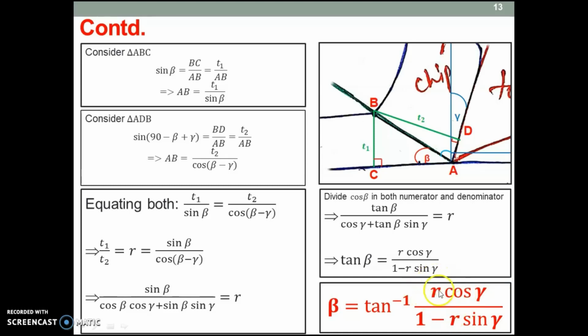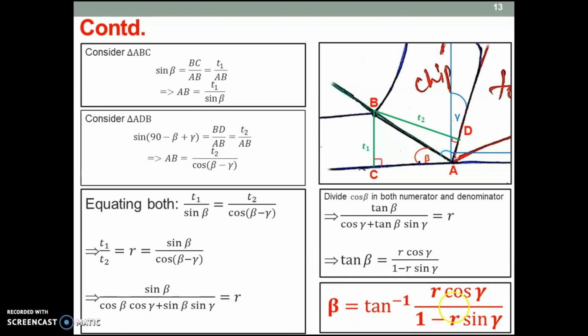So r is the ratio between the uncut chip thickness and the cut chip thickness. If we change r, then the angle beta will also change and the shear plane also changes. Likewise, if we change the value of gamma, that is the back rake angle, we can also change the shear angle and shear plane. So the shear plane will depend upon your chip thickness ratio, your tool signature, that is your back rake angle, and the workpiece material.